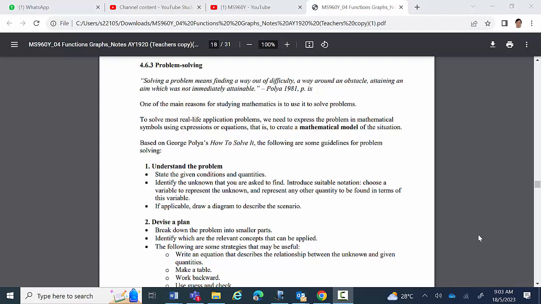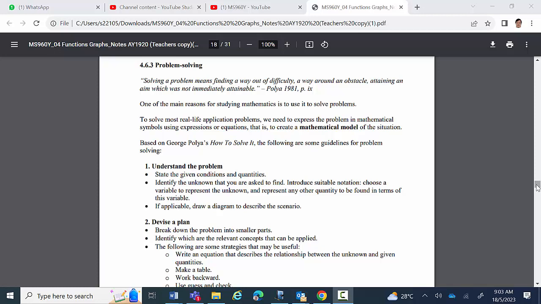Okay, this section, problem solving, is to help you set up a mathematical model for real-life application problems. Usually, the first step is to understand the problem.